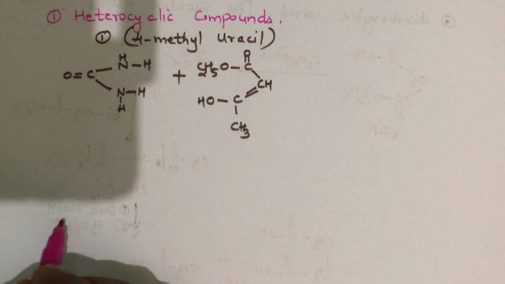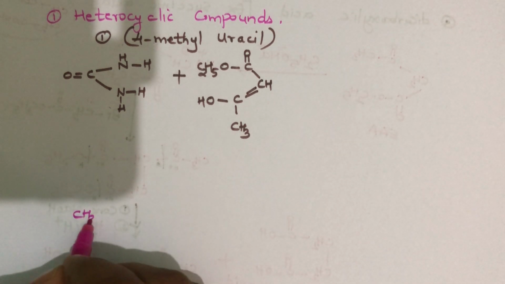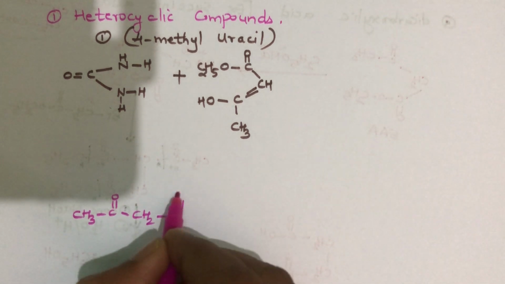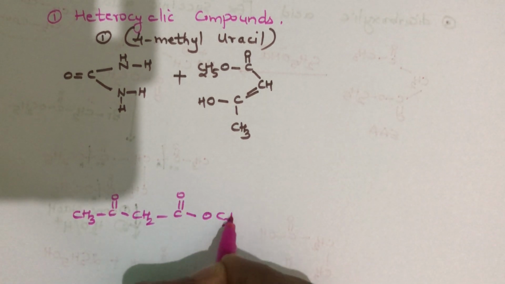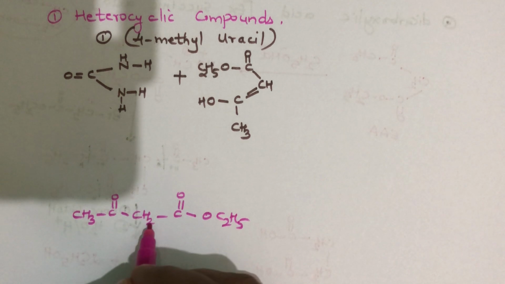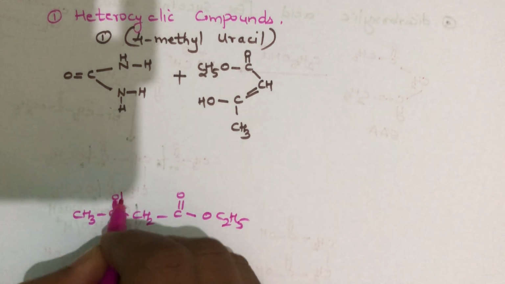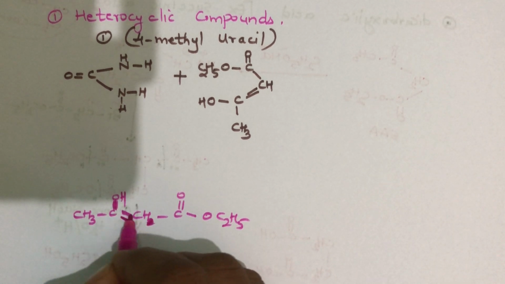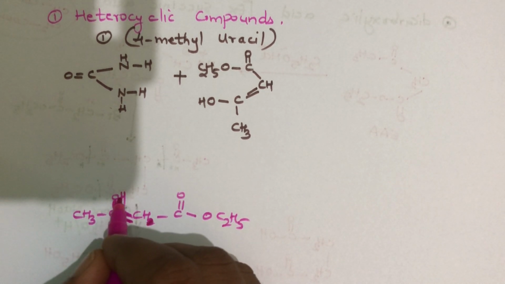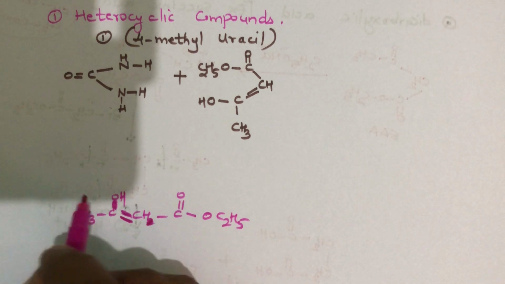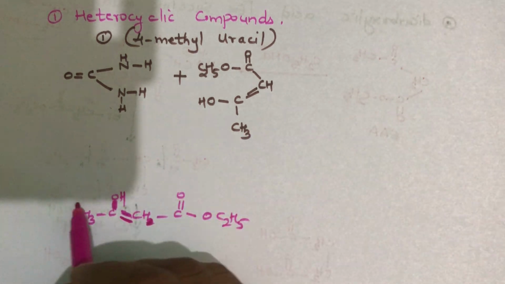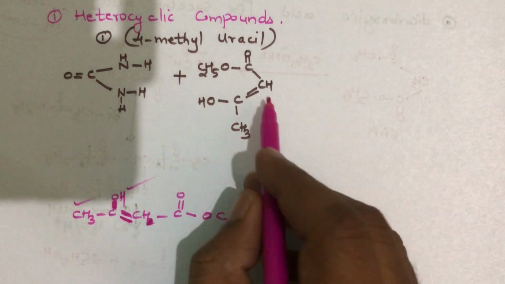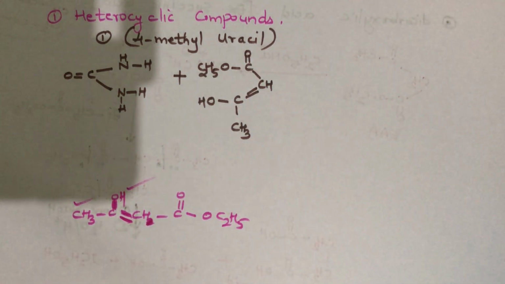You know ethyl acetoacetate is CH3, C double bond O, CH2, C double bond O, OC2H5. If a hydrogen protonates here, there will be a double bond here. So this is an enol form. That's what I have written here: CH3, OH, C double bond CH, and the remaining part.